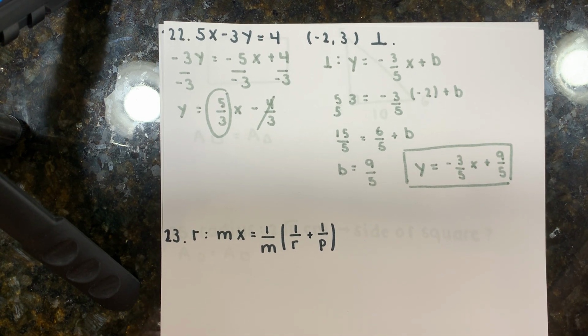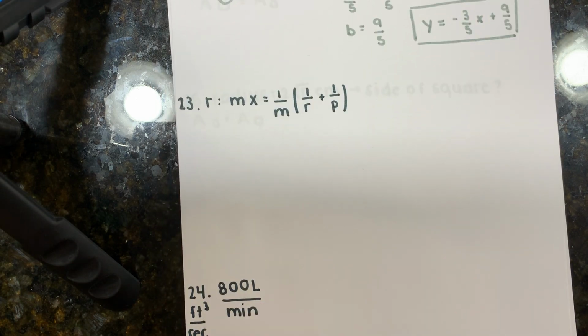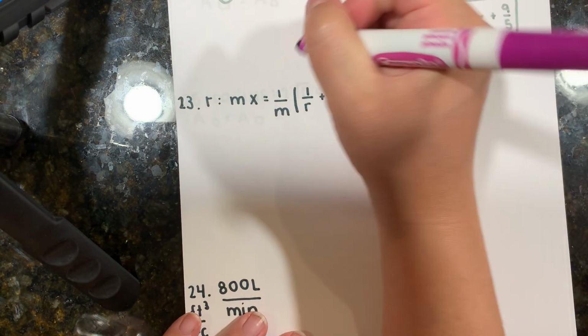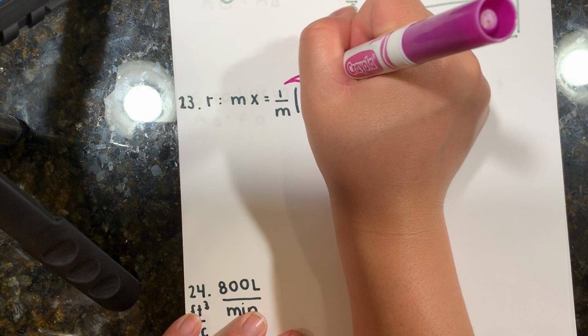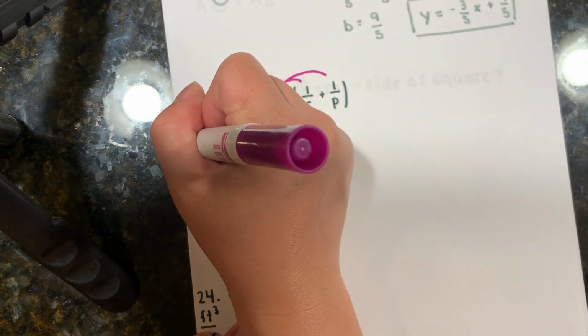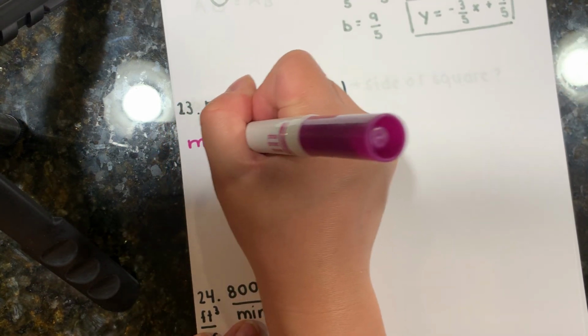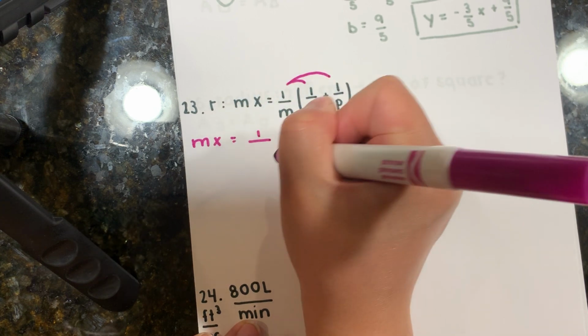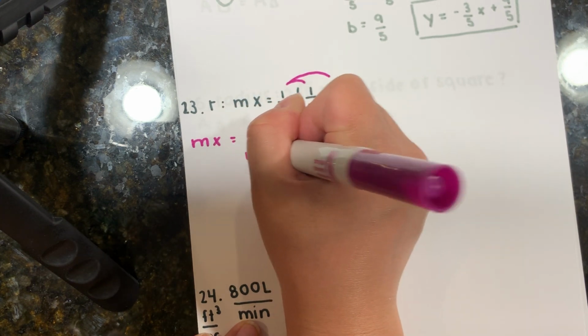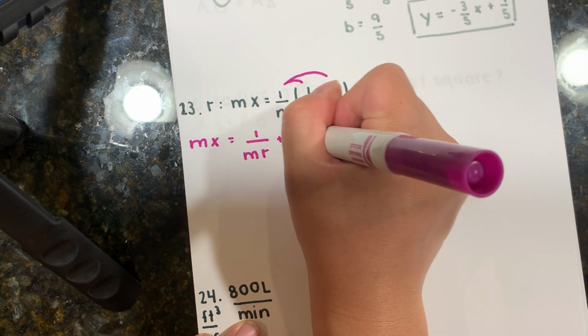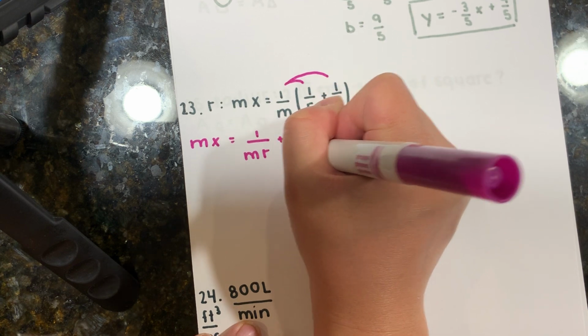Now moving on to number 23. For number 23, the first thing that I'm going to do is distribute this 1 over m, which would give me mx equals 1 over mr plus 1 over mp.